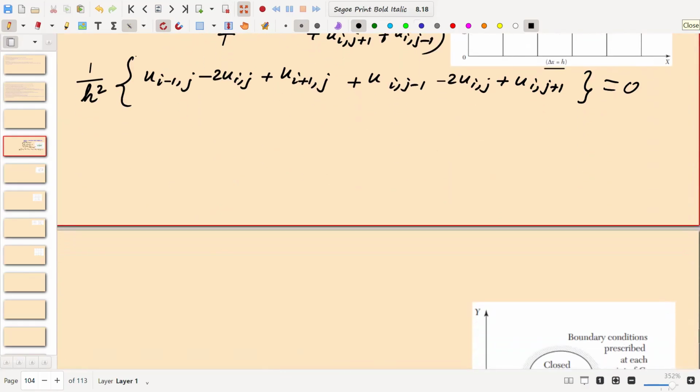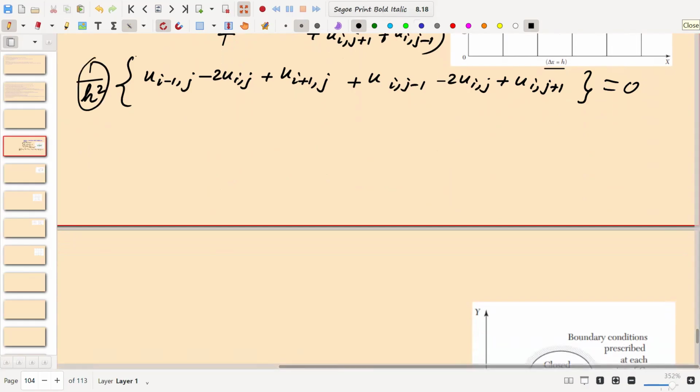Can this be 0? How many of you are saying yes, it can be 0? h is a step size.